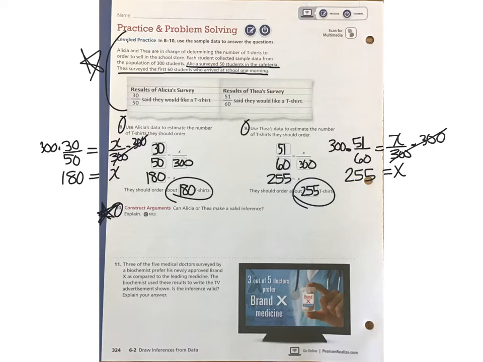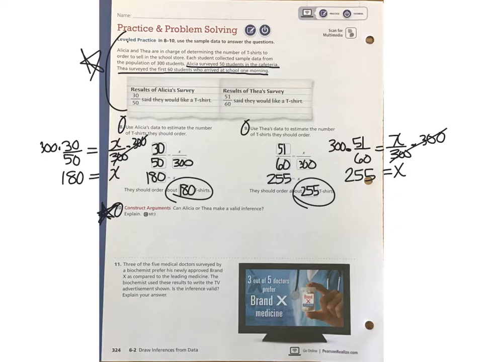In this case, it's really hard to determine that Alicia or Thea made a valid inference. The reason for this is because there is a large difference between their 2 results. So the data that they collected does not support the same inference. While both sample sizes are relatively large, Alicia surveyed 50 students and Thea surveyed 60 students, those data values are not collected randomly.